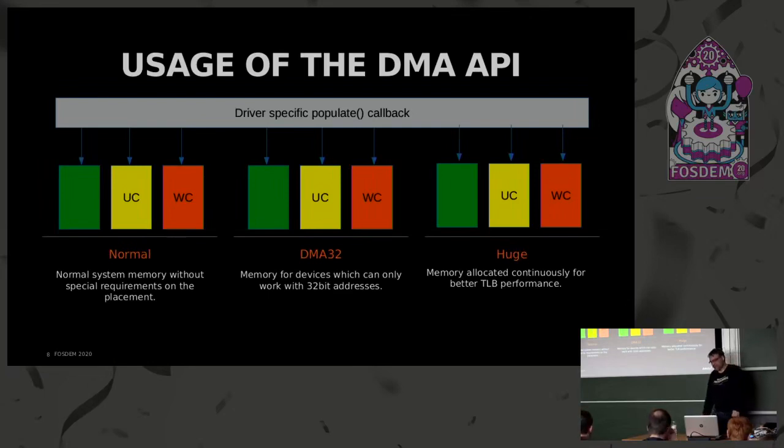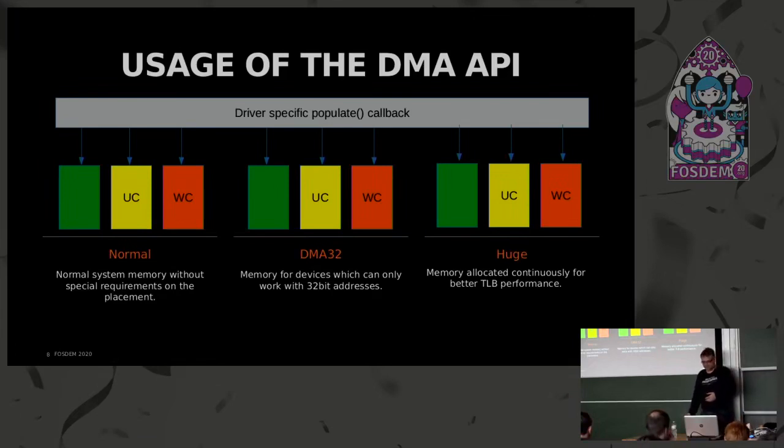The solution to that is moving the whole pooling concept into the DMA API. The DMA API already has a concept of pooling pages, of pooling coherent memory allocations. The problem is it doesn't have a concept of uncached and write combined memory.